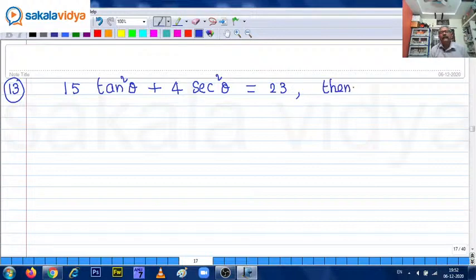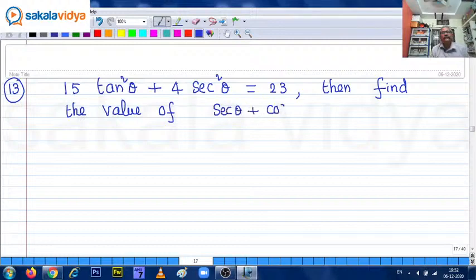Then find the value of (sec theta plus cosec theta) whole square minus sin square theta.